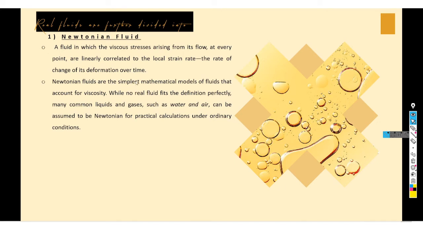Newtonian fluids are the simplest mathematical models of fluids that account for viscosity. While no real fluid fits the definition perfectly, many common liquids and gases such as water and air can be assumed to be Newtonian for practical calculations under ordinary conditions.